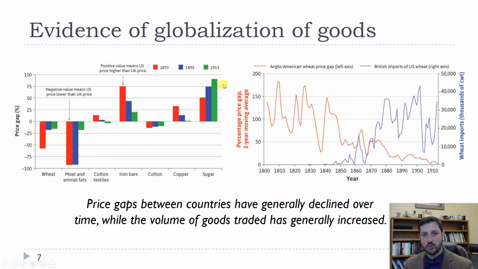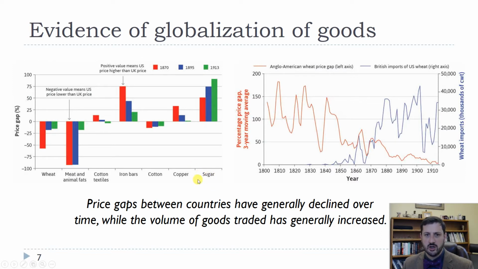This is that first wave of globalization. And you can see that for most products, the difference between the prices got smaller, right? So by 1913, and all the products here, wheat, meat, cotton textiles, this is just cotton, copper, everything except for sugar, the price difference got much smaller.